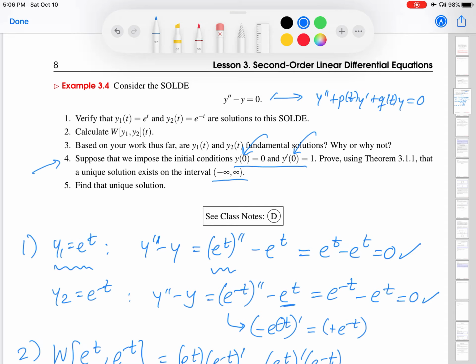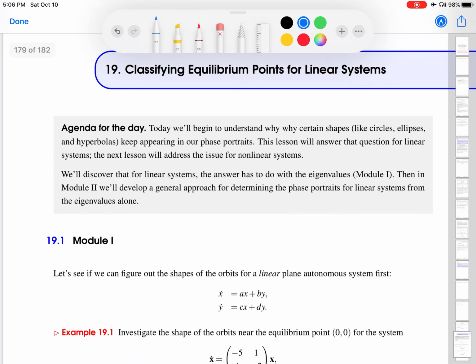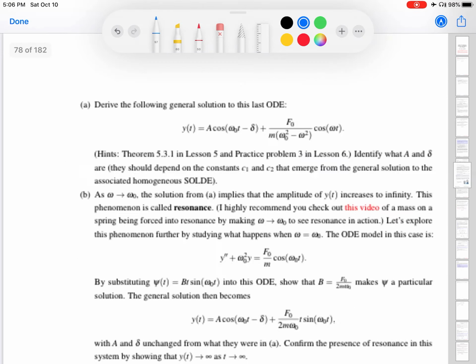So if we compare these two, P of t here is 0 because there is no y prime term there. And Q of t here is -1 because that is what is multiplying y.